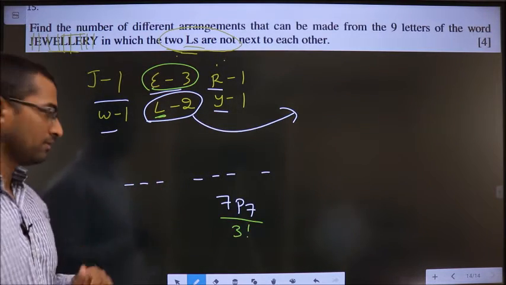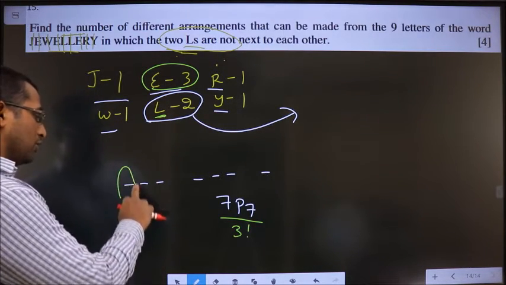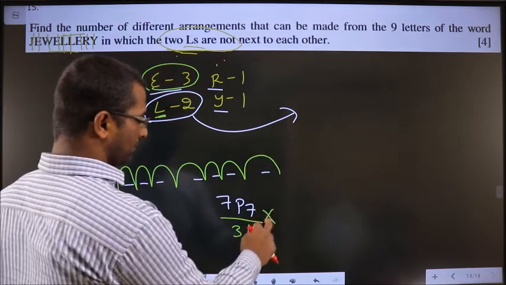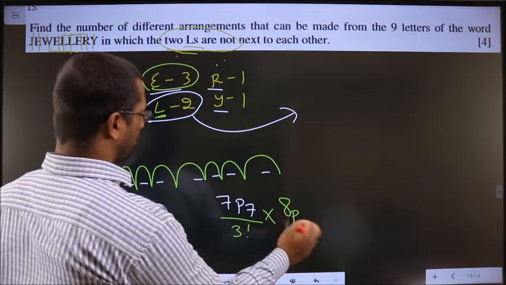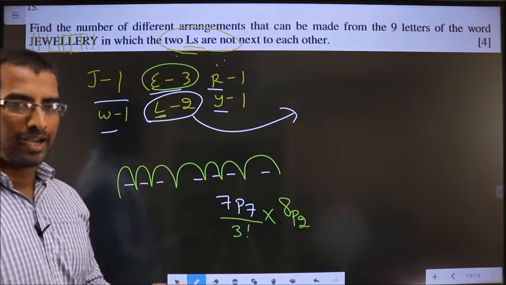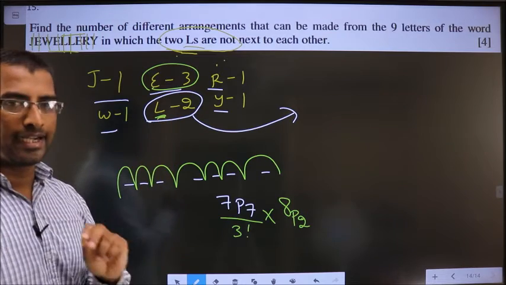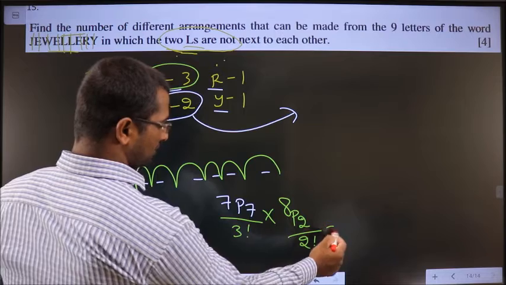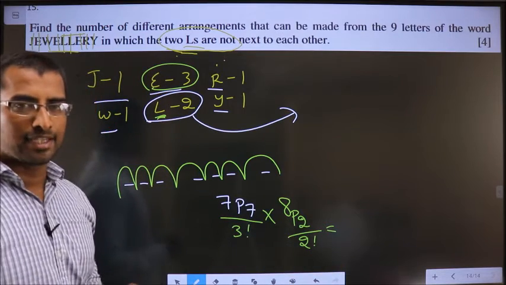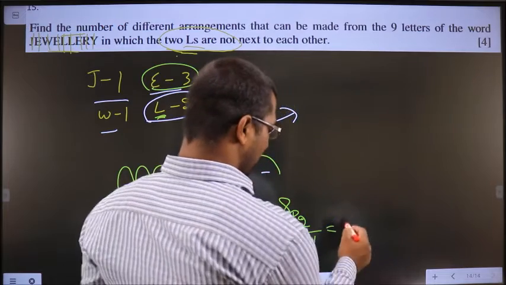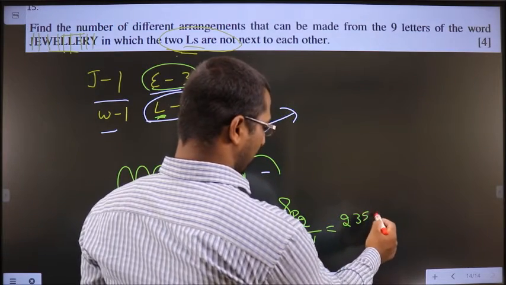So count 1, 2, 3, 4, 5, 6, 7, 8. 8 places for 2 L's. So 8P2. And also these 2 L's are identical. So divide by 2 factorial. If you put this in the calculator, you get the answer to be 23520.